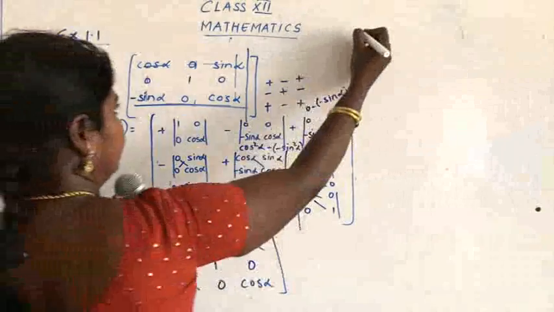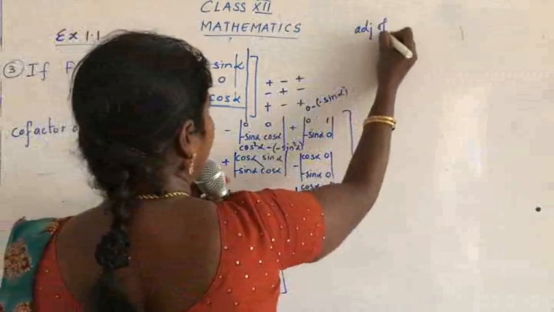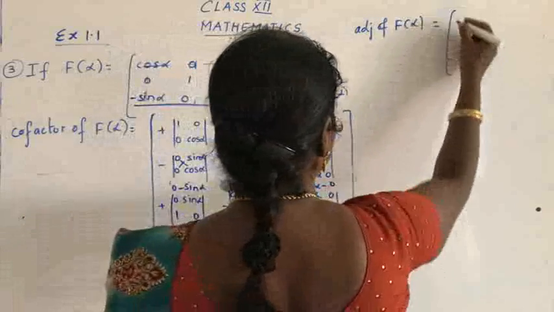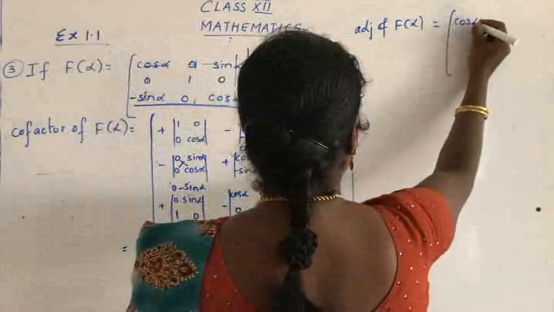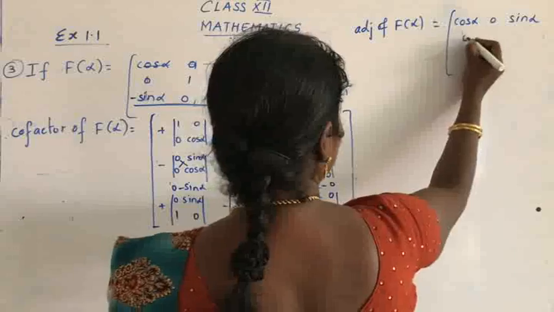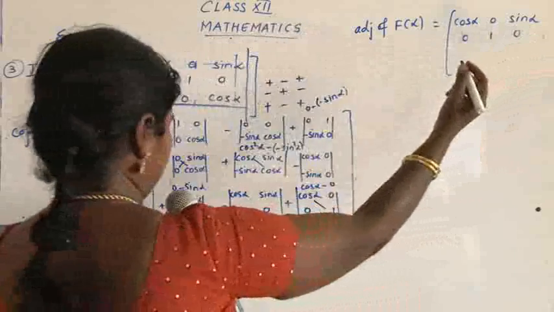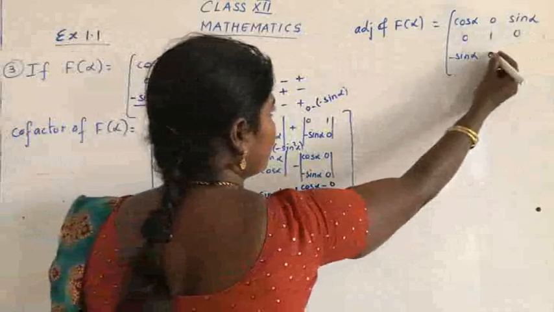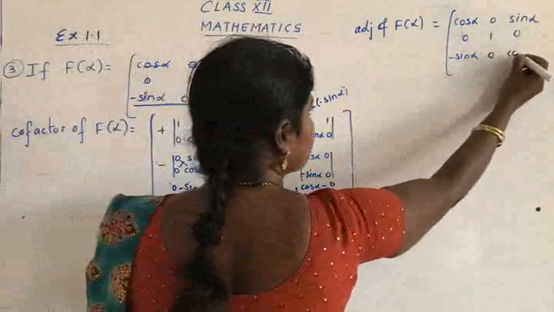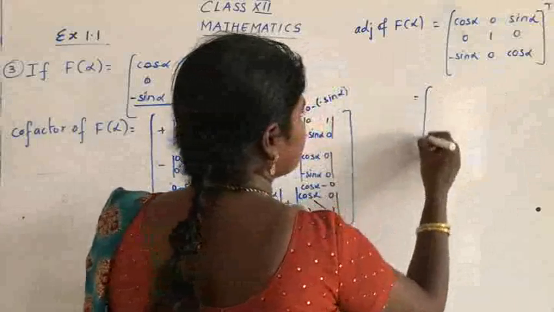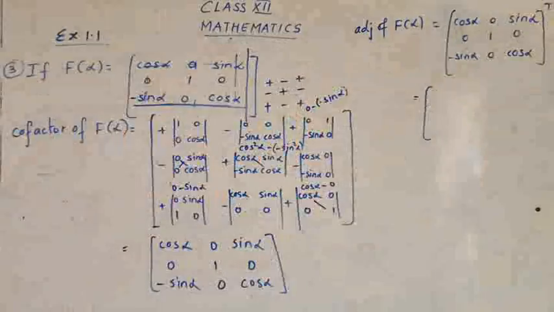So write down here. Adjoint of f alpha is equal to transpose of the cofactor. So cos alpha, 0, sin alpha; 0, 1, 0; minus sin alpha, 0, cos alpha, the transpose. You get the answer by interchanging the rows and the columns.